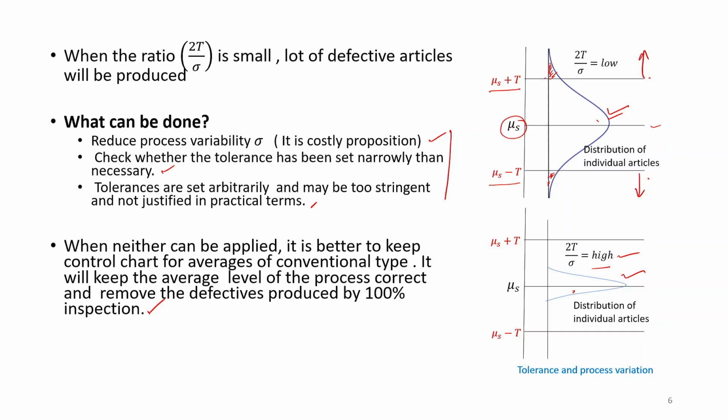That is what is known as 100% inspection, that we go for in the case of garments, and then we can remove the defective garments. So whatever is left will be acceptable. So that can be done.